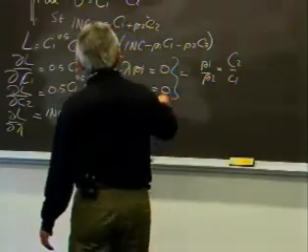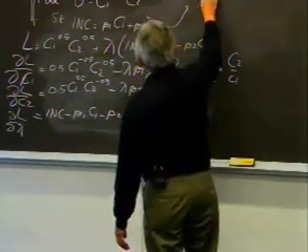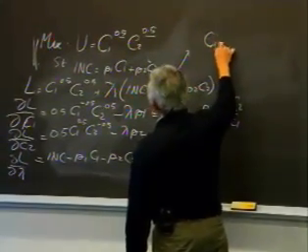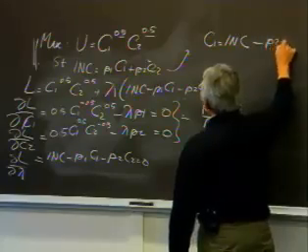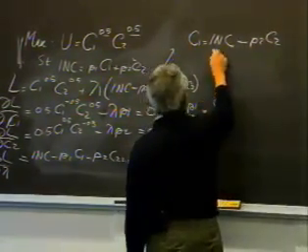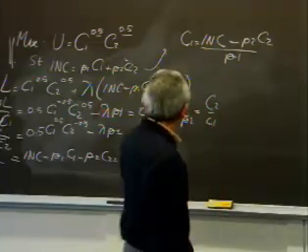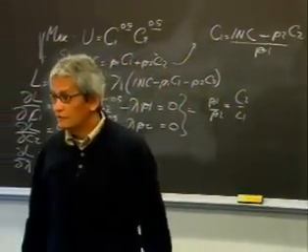Now, you can substitute here, let's say, C1 equals INC minus P2 C2 over P1, right? From this constraint. Do you get it?